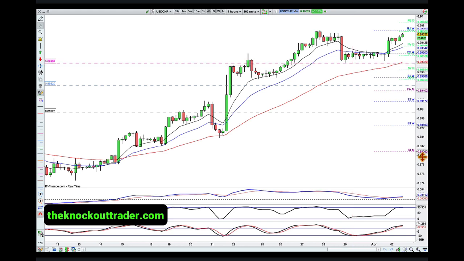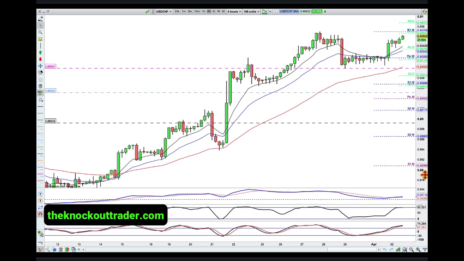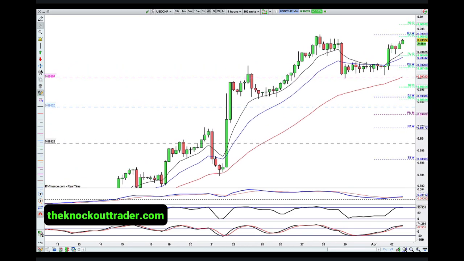So let's take a look at my fight plan and what I am looking for. I am looking for a pullback into this black line, into the area around the 0.89. I need to see signs that the buyers are coming back.